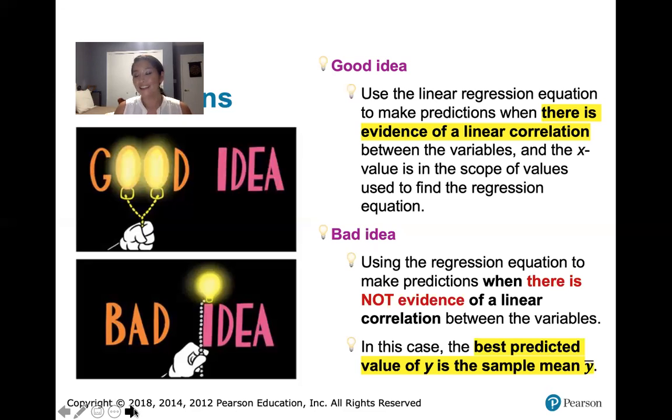Remember, the expected value of Y bar is actually the population mean. And so if I don't know anything else, if I don't have evidence of a linear correlation, the best guess I have for what Y is, is the sample mean, because the average Y value is the best representative of Y, given that we don't have any evidence of some other kind of correlation.